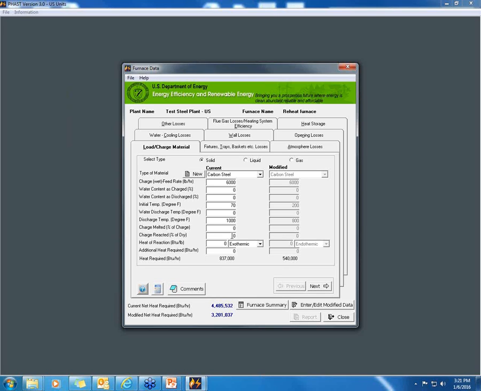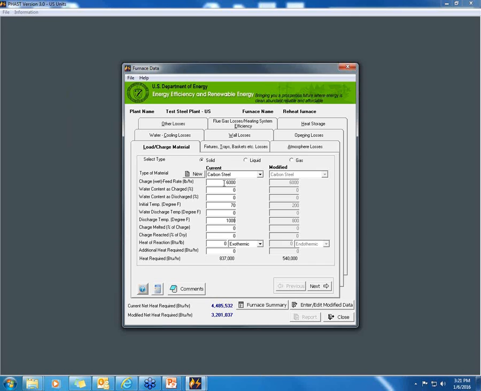Is it 0.5%, 0.8%, or 1%? Then if you enter this information, you also need to enter heat of reaction, that means BTU per pound, because oxidation is an exothermic reaction. In that case, you are going to generate some heat energy. So BTU per pound when 1% of steel is reacted. You enter all that data here, and then additional heat required, and that's it.